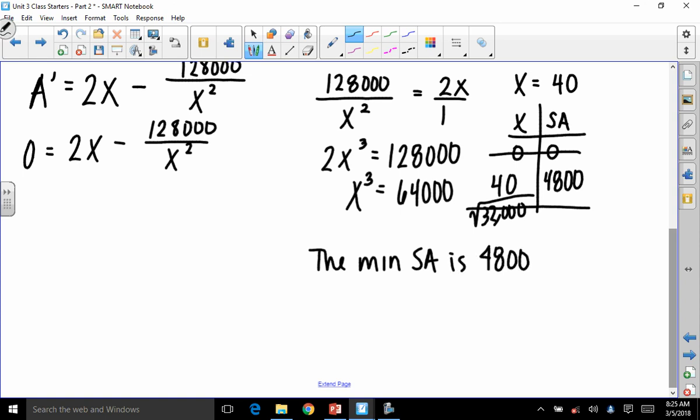If it's area, what kind of units are we going to have? Centimeters squared, right? So it's 4,800 square centimeters when x is 40 centimeters and h is 20 centimeters.